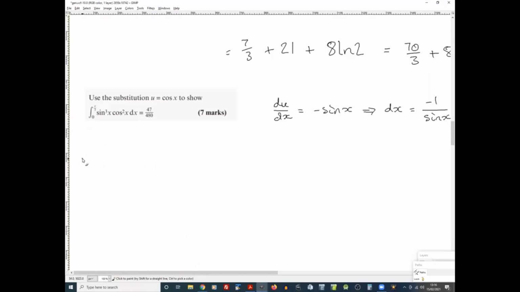So then we get sine cubed x, u squared, minus times minus times minus, good, minus 1 over sine x du.